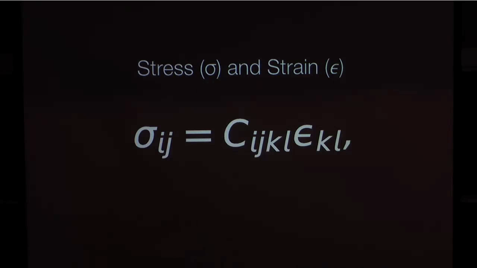Okay? We heard a lot about stress-strain relations last five days in the seismology talk given by Steve Grant, and also fluid mechanics and others. Okay, so stress and strain are second-rank tensors.